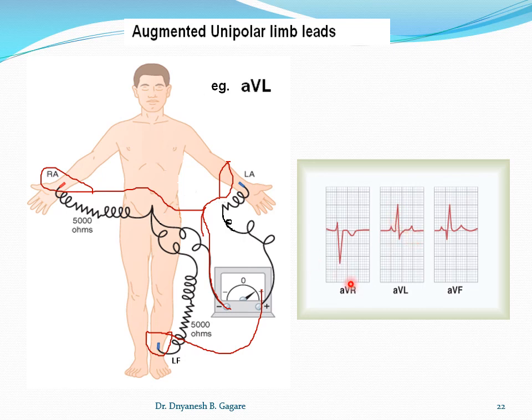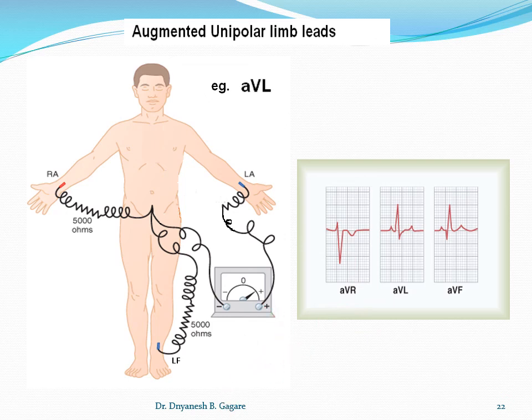Now coming to the interpretation, students, here is a P wave, R wave and T wave. I told you that under AVR all waves are negative. Why are all the waves negative?